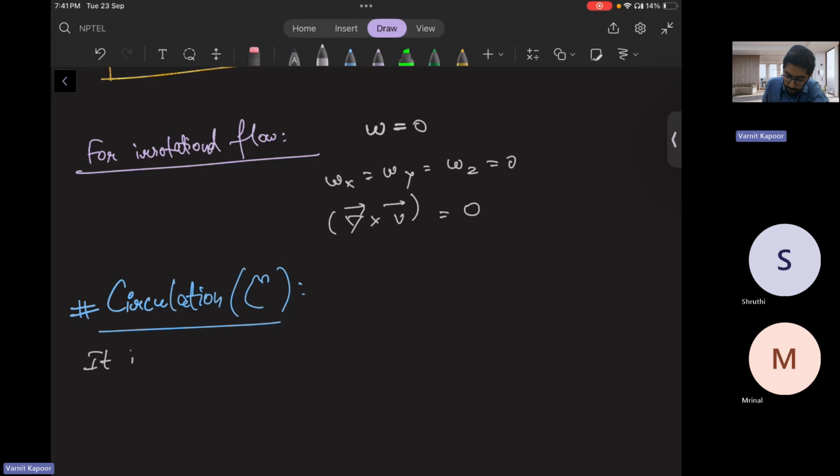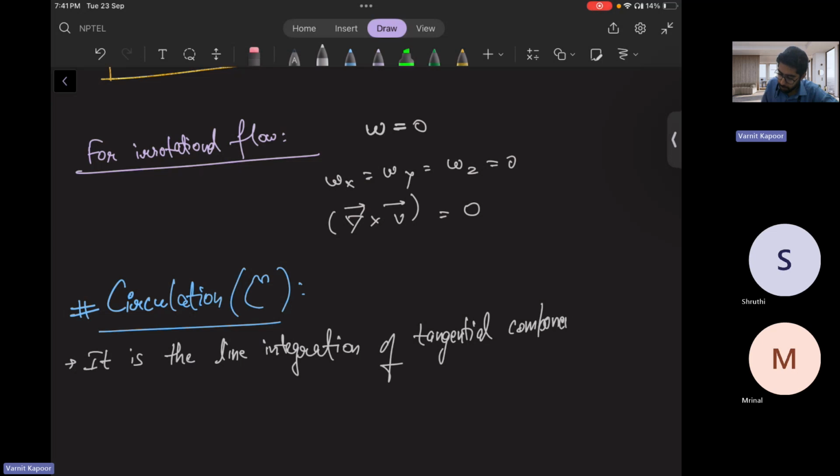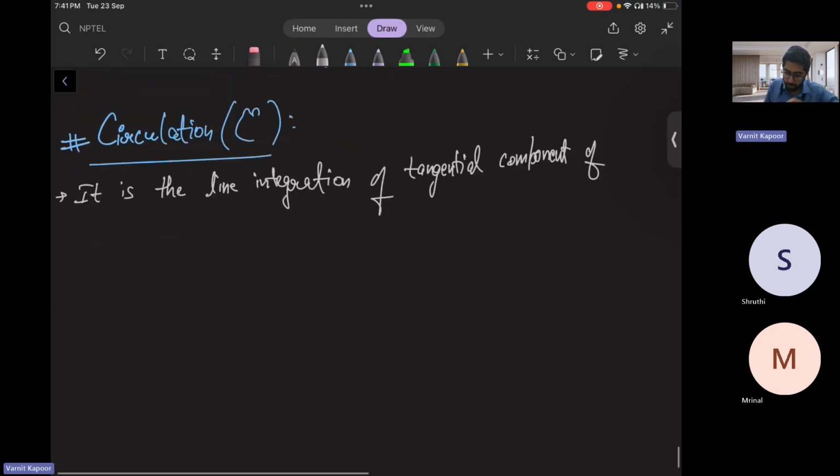It is the line integration of the tangential component of velocity along the closed loop.